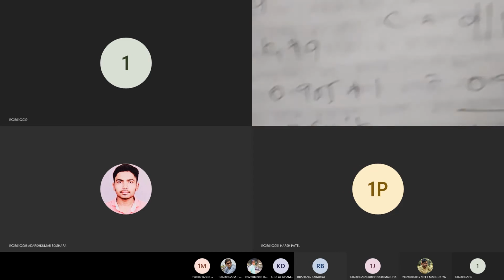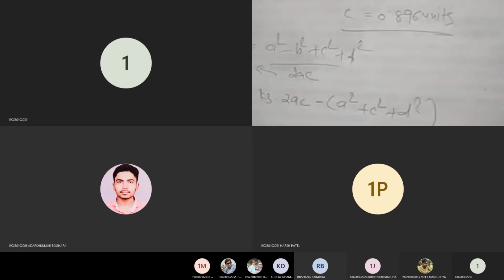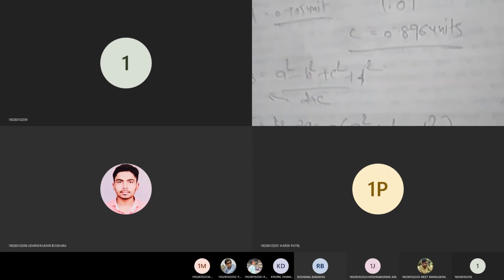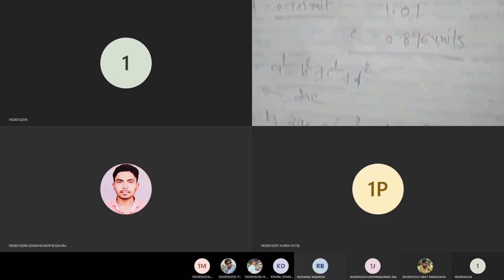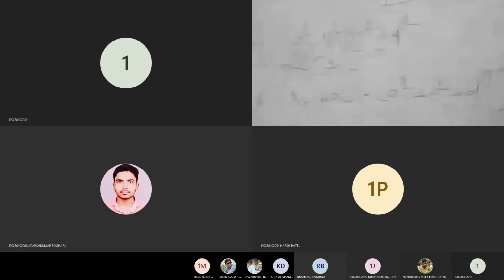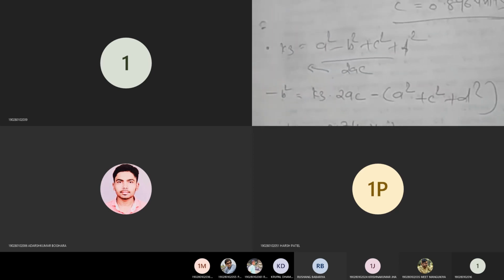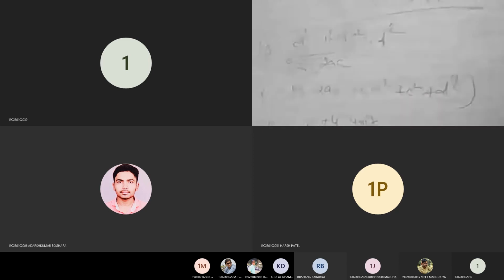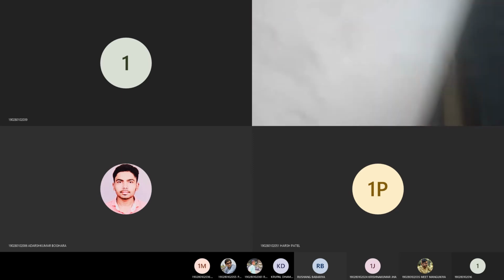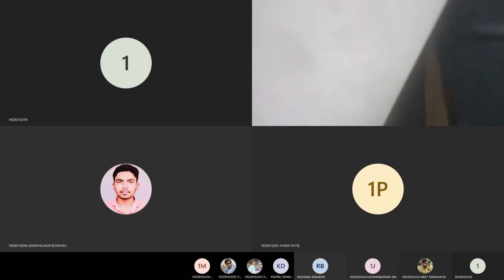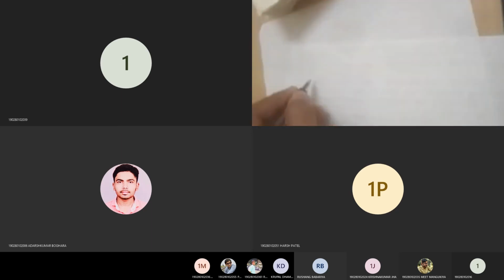And if we solve all this, then we get the value of b equal to 0.74 unit. So these are the answers for a, b, c, and d, as we assumed that A is equal to 1 unit.